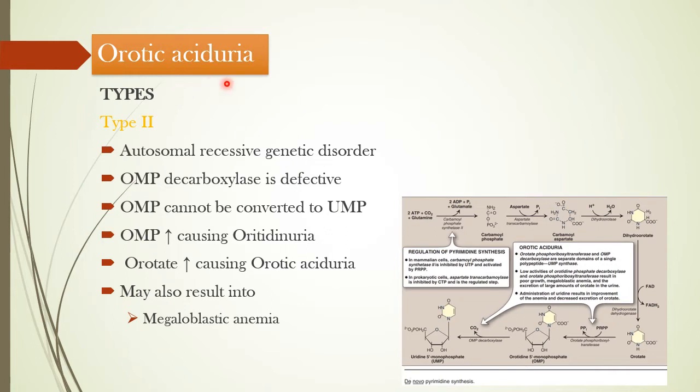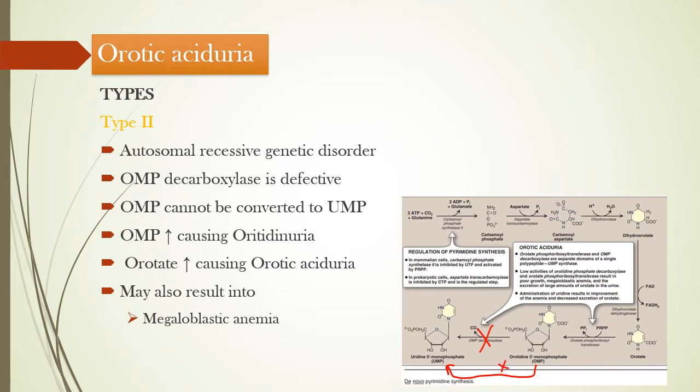Type 2 orotic aciduria is also an autosomal recessive inherited disorder, and in this disorder there is deficiency of only one domain of UMP synthase, and that is OMP decarboxylase. So here you can see that OMP decarboxylase is missing. So OMP, that is orotidine monophosphate, cannot be converted into UMP.